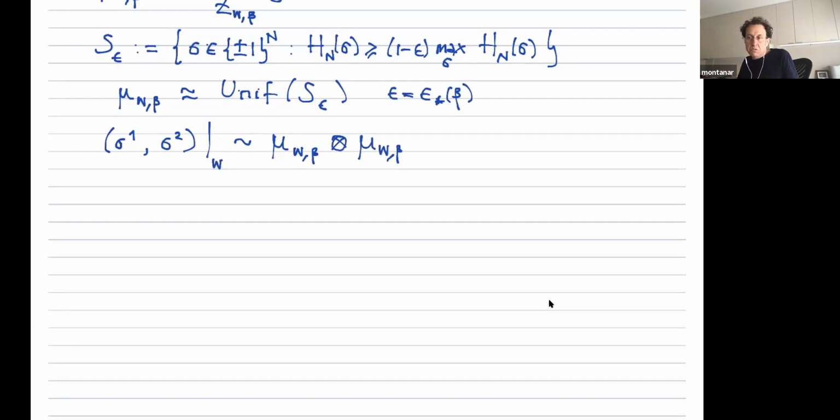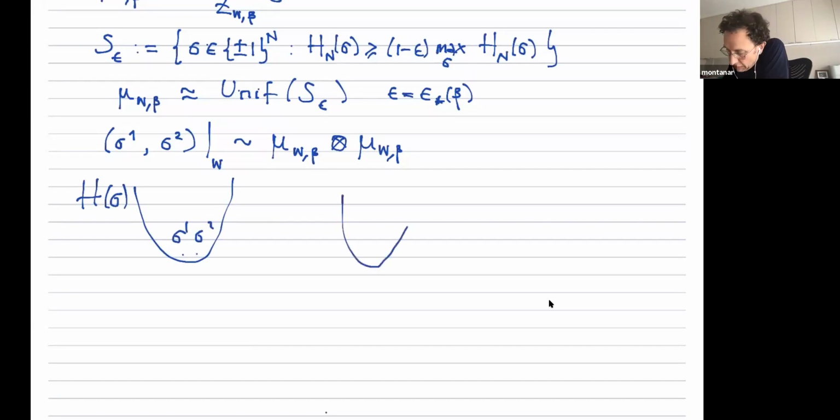Think, for instance, of a strongly convex function. If you take two near optima uniformly at random, they will be very close to each other. This is what will happen if your function h of sigma is like this.